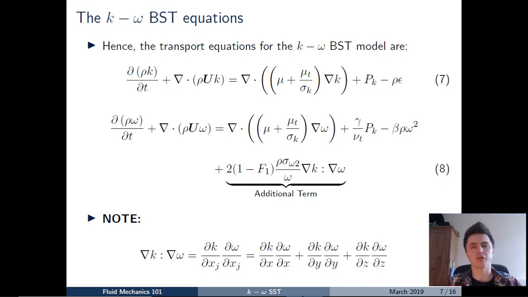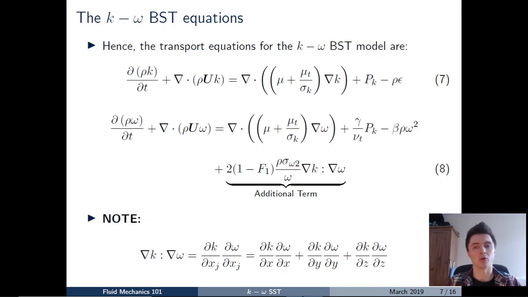Before we move on and look at what functional form we're going to take for F1, I've put a small side point there about this additional term, the gradient of the turbulent kinetic energy with the two double dots with the gradient of the specific dissipation rate. You sometimes see different notation used for this term. I definitely hadn't seen it before. For those of you who are confused, this is the tensor inner product of the two gradient terms.